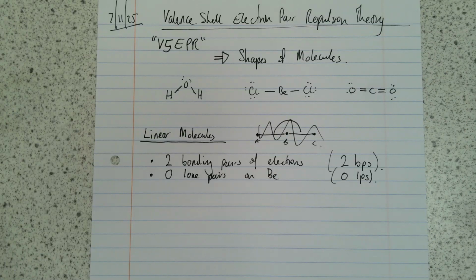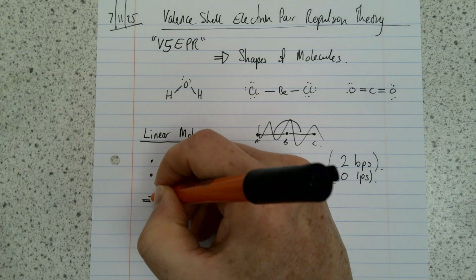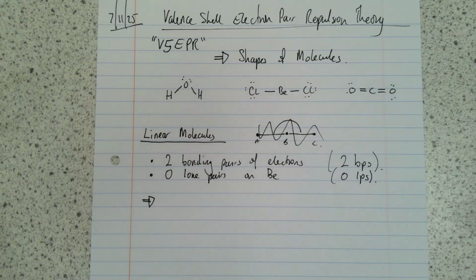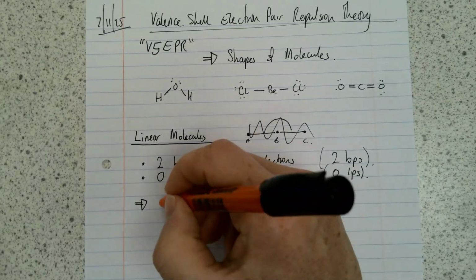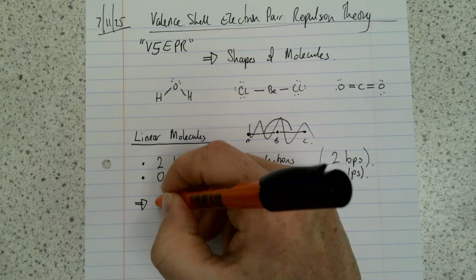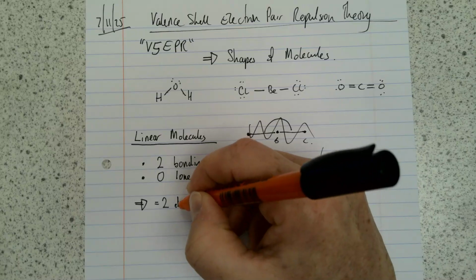So we can say 0 LPs, right? And then we consider what shape the molecule must be as a result of it. To do that, what we're going to consider is the total number of pairs of electrons. So we're going to add together the bonding pairs of electrons, which is 2, and lone pairs of electrons, which is 0, and say there are 2 electron domains.